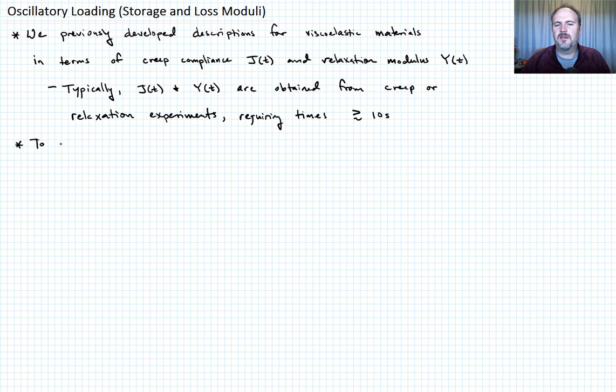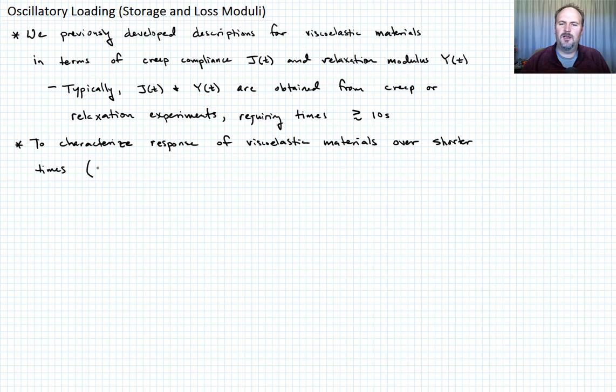Well, to characterize the response of viscoelastic materials over shorter times, say, less than 10 seconds, we typically are going to use oscillatory loads. So we'll say oscillatory experiments.